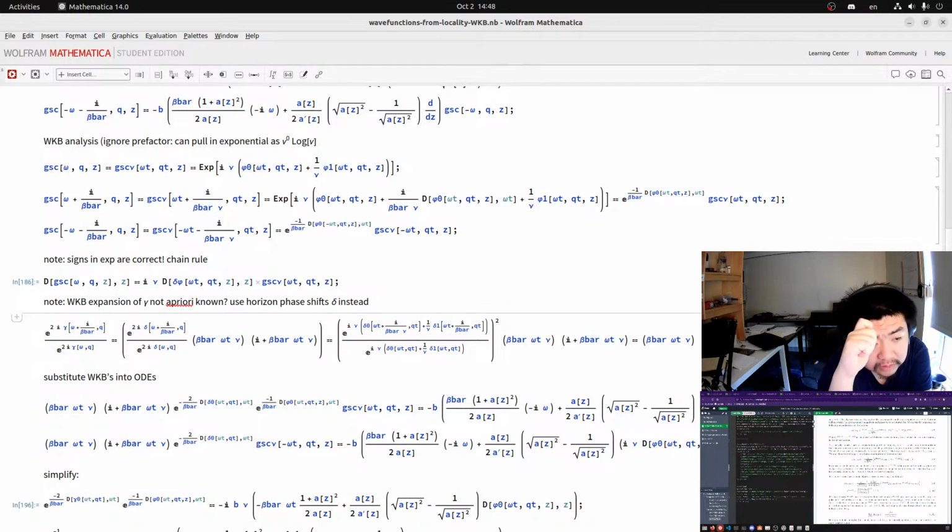Somehow, why do I... No, it does make sense, like that there is a second order term. Should not go away, that's for sure. That's how you could get it to go away.